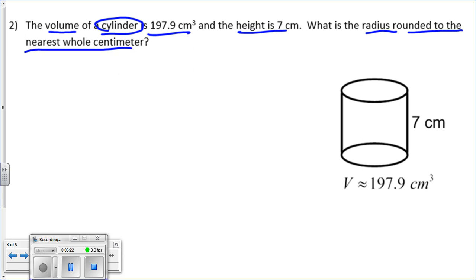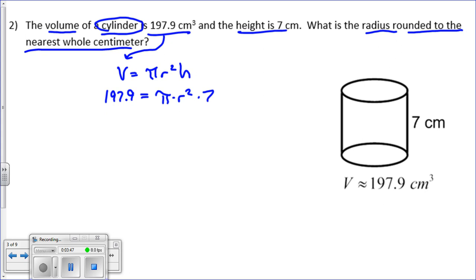Okay. So let's start with ESA. So volume is equal to pi r squared h. My volume, it says, is 197.9 equals pi times r squared times the height, which is 7.